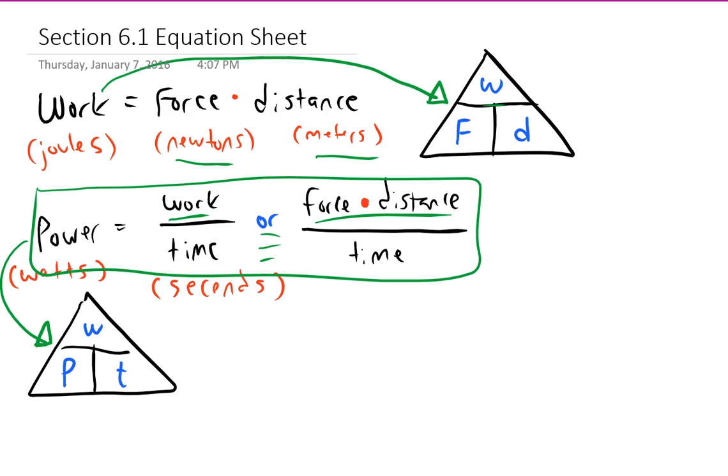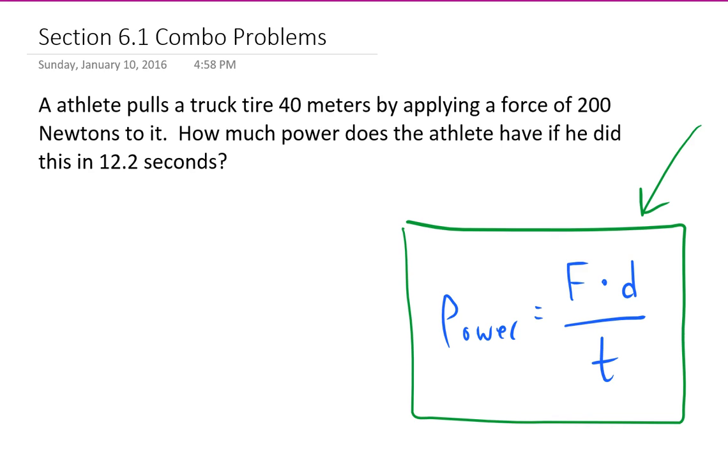Which means the power equation can also be equal to force times distance divided by time. These problems aren't that hard, honestly, because we're just trying to find the power, and we can do that if we have our force, distance, and our time.